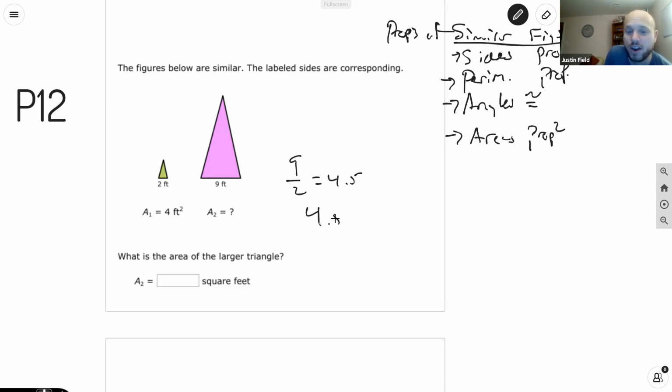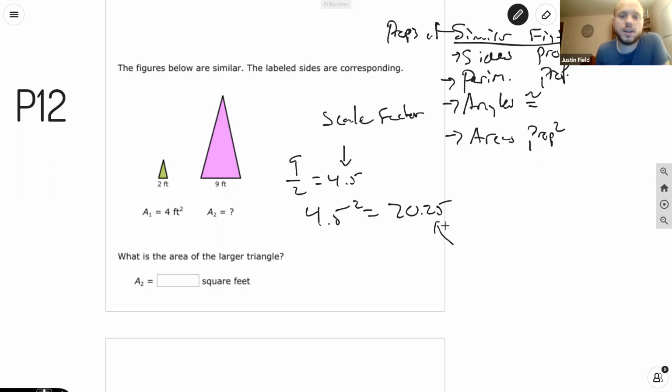That means the area of the triangle is going to be 4.5 squared times as big. You have to square the scale factor, 20.25. Okay, so this is the scale factor, and this is the scale factor squared.